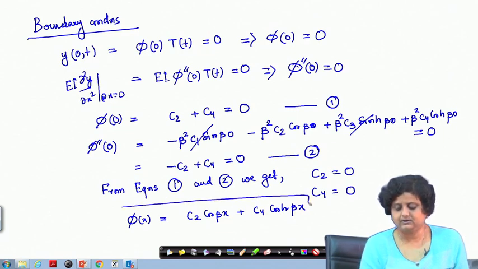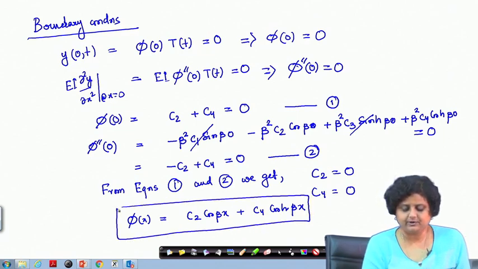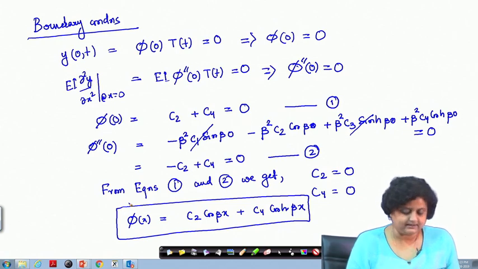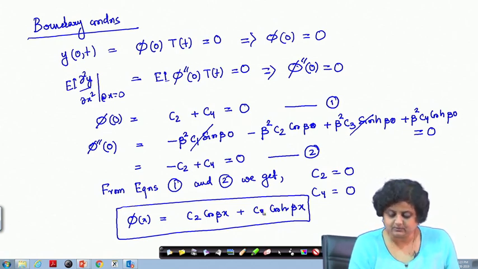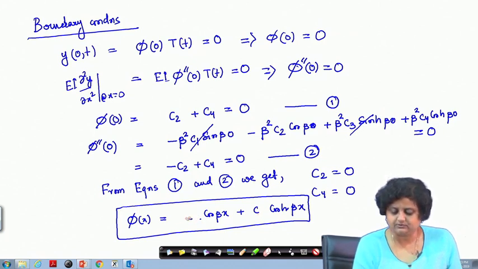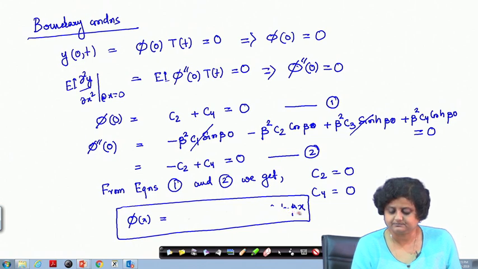So, this is the simplified equation that I get. Now, sorry, this is going to be C3. Oh, I am sorry about this equation. C2 and C4 are equal to 0.